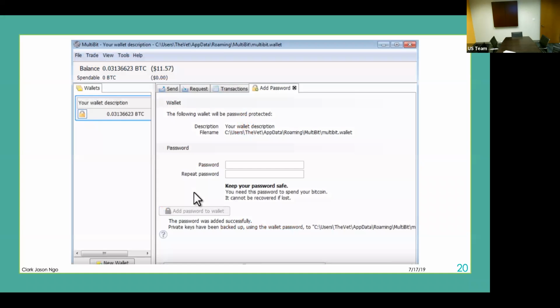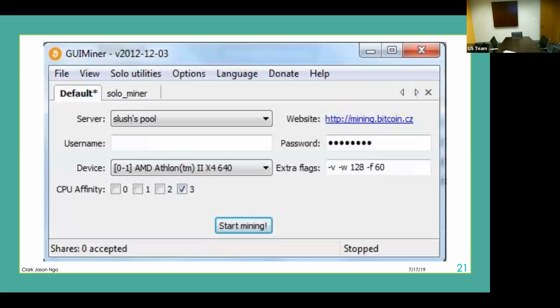Here's a good example, like this one, Multibit. It has a graphical user interface, a GUI, that lets you create your wallet. As you can see on the left pane of the menu, you would see your wallet and the Bitcoin. You need to create an account, and you also need to put where the file name is. Also, this is another Bitcoin mining app.